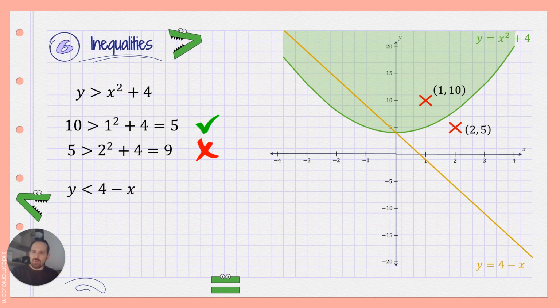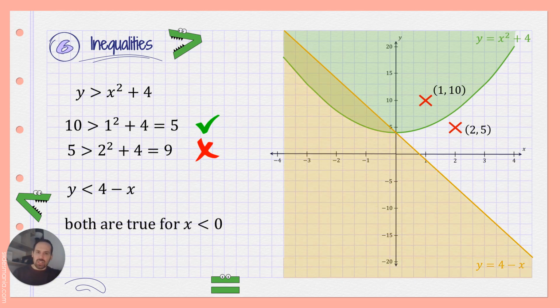Say if we plotted another one, we've got y equals 4 minus x, but we want the region when y is less than 4 minus x. So similarly, we're going to get everything below the graph. And you can see that both are going to be true when x is less than 0, at least on the axes that we've drawn here.